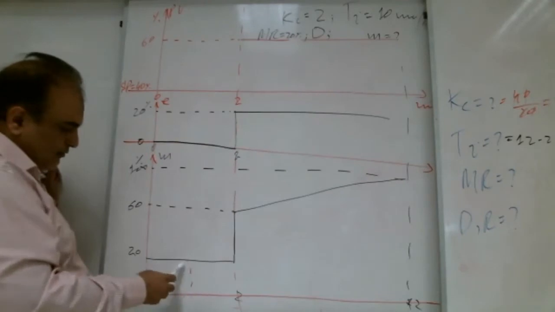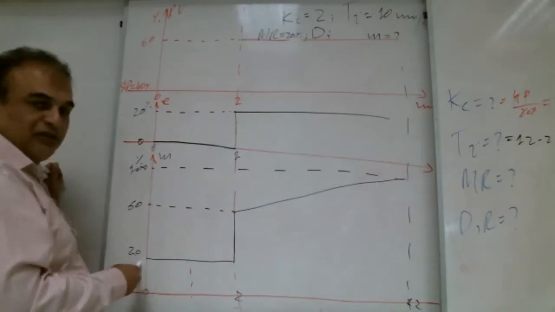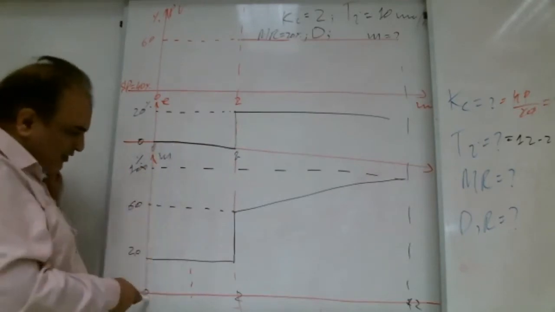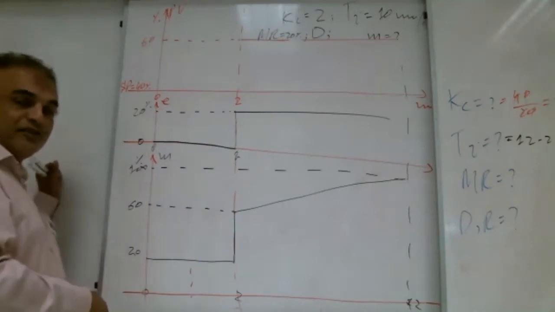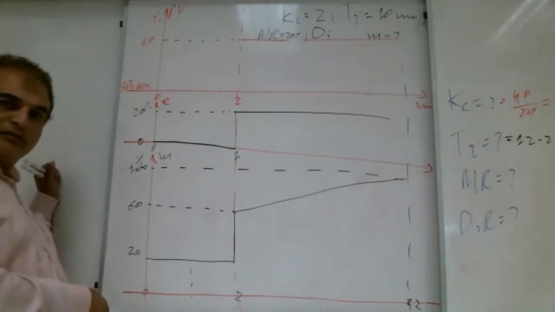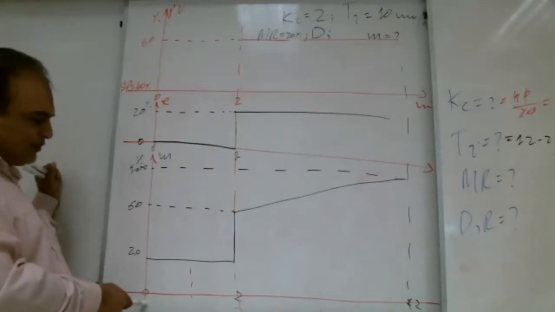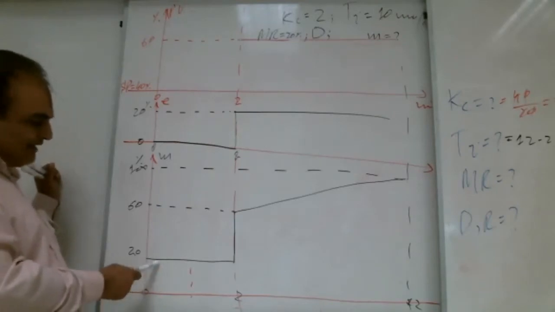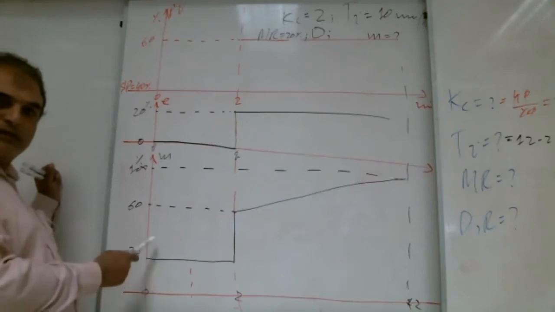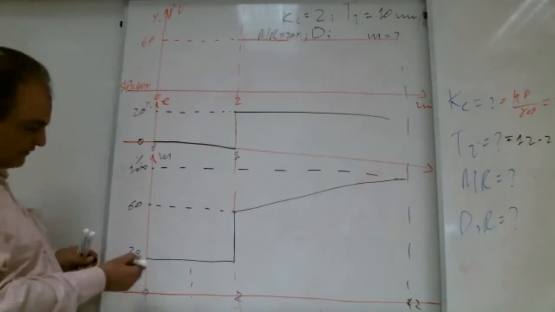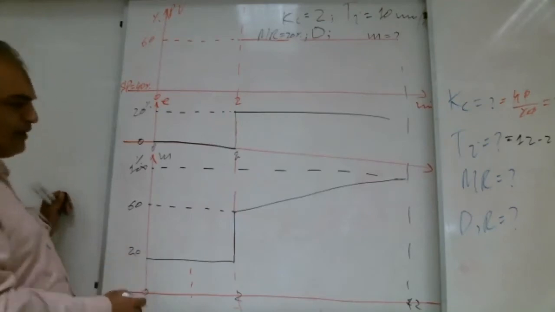And output is starting at 20. If error is starting at 0, output must start at 0, right? Because the output is not starting from 0, whatever value it has been raised, that is MR. This one is MR. So 20 minus 0 is MR.